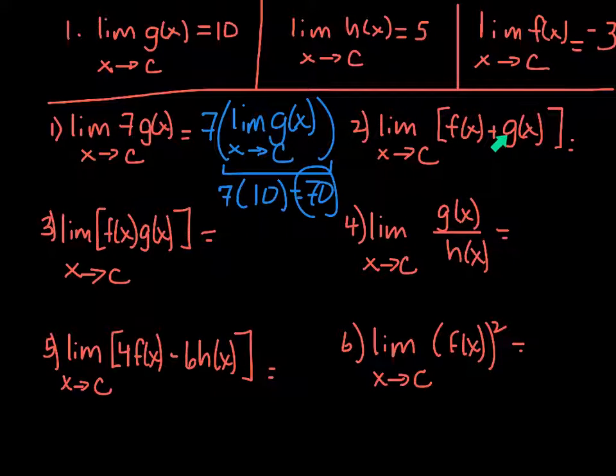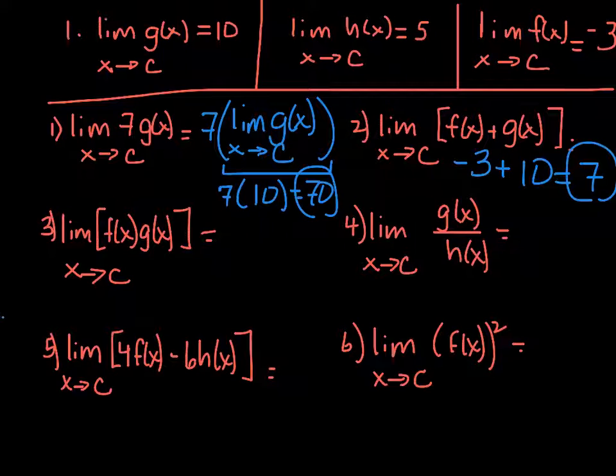So I'm going to look up the limit as x approaches c of f of x, which is right here, that's negative 3. So I know that's negative 3 plus, and then I look for the g of x, which right here is 10. So negative 3 plus 10 is 7, and there's your answer.